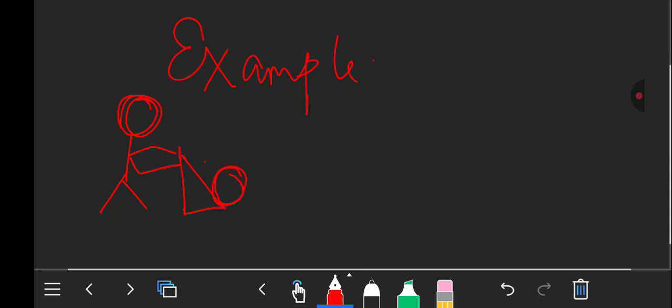This person hits this cricket ball of mass 2 kg, and the velocity there is 30 meters per second.